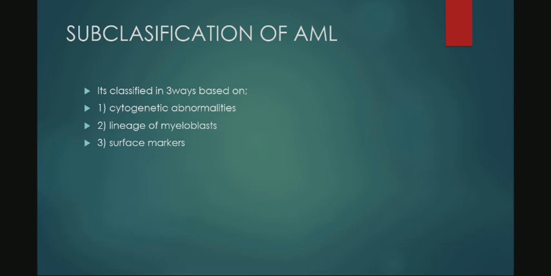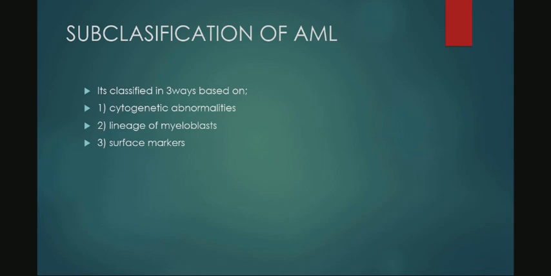And when you subclassify them, on the side of acute lymphoblastic leukemia, you have what we call B-ALL and T-ALL, based on the two main divisions of the lymphoid lineage, which are the B cells and the T cells.